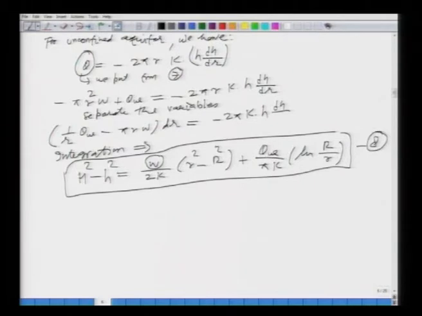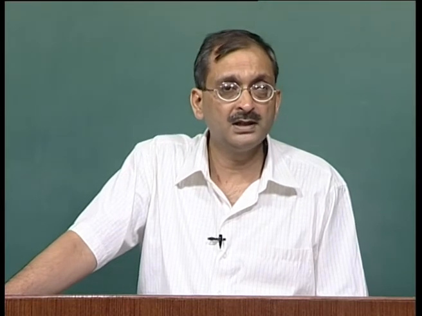So, this equation 8 is representing the water table profile in the unconfined case where radial flow is taking place under steady state conditions, and there is also recharge W from the top due to rainfall or agriculture water or something like that.